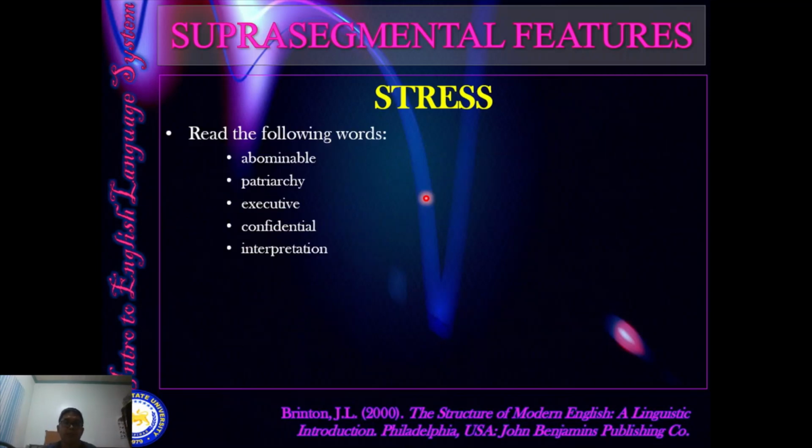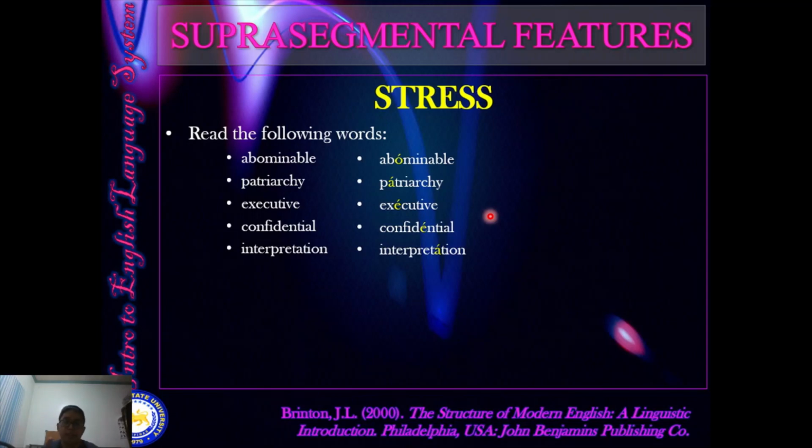Now, if we read the following words, try to guess how they should be pronounced. Now, let's look into the stress. Abominable. We don't say it as abominable. No, that's abominable. Patriarchy. Executive. We don't say that as executive.